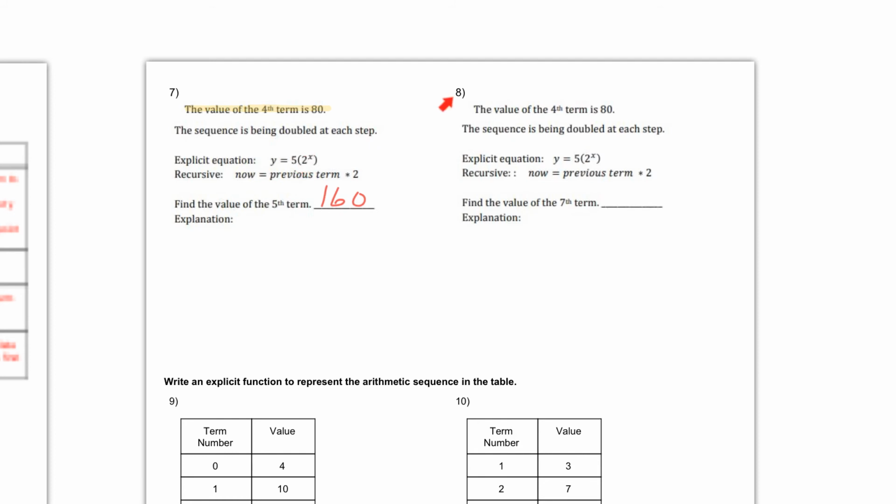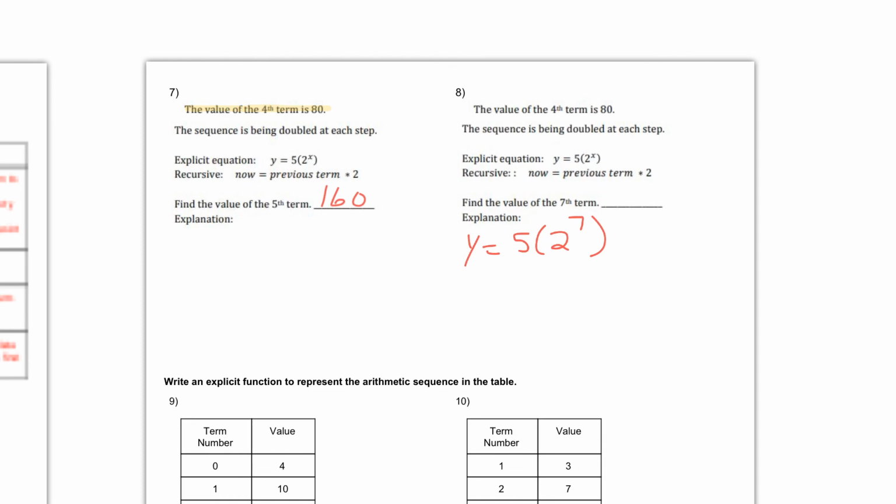And finally, if we look at question number 8, question 8 has the same setup as question 7, where we know the 4th term, but this time we want to find the value of the 7th term. Since we don't have the 6th term, we're going to want to use that explicit equation and plug it in. So that would give us y equal to 5 times 2 to the 7th.